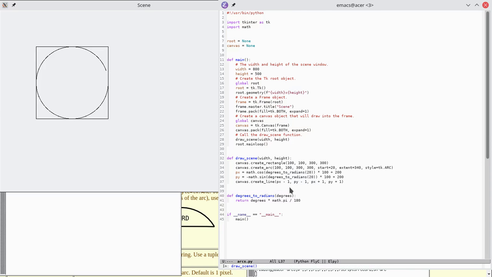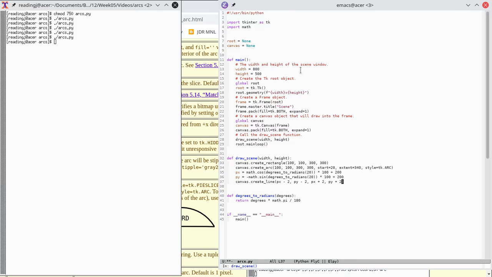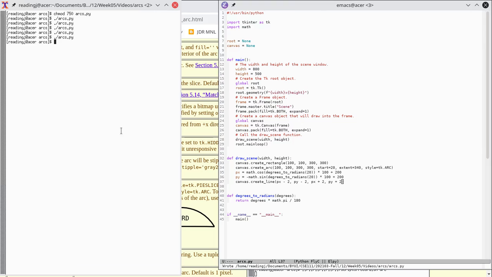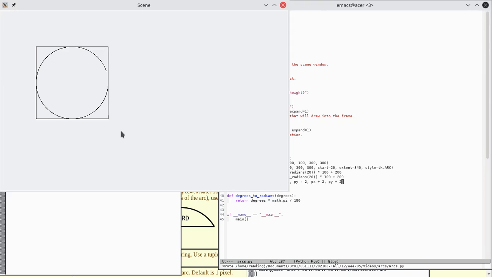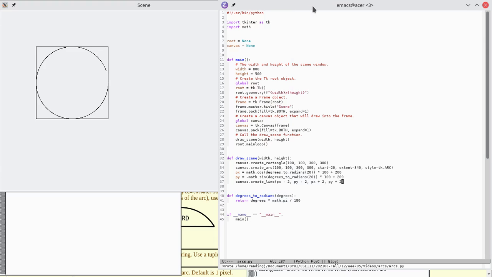if my line is there, it's too small to see. Oh, it's slanted this way. That's why it's hard to see. So it should be px minus 2, py plus 2, plus 2, and this should be minus 2.